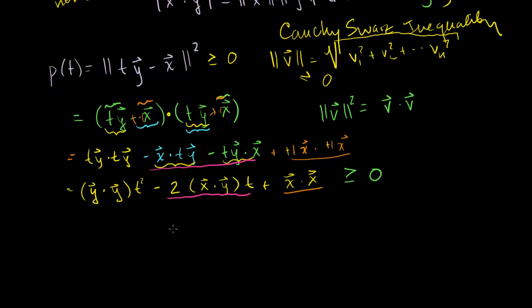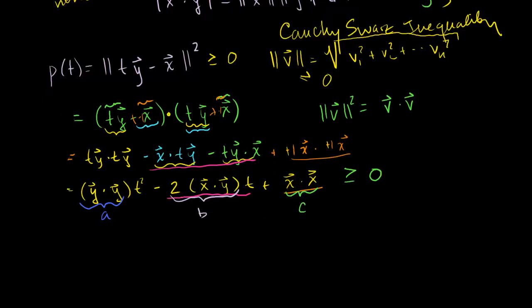Now let's make a little bit of a substitution just to clean up our expression a little bit. And we'll later back substitute into this. Let's define this as a. Let's define this piece right here as b. So the whole thing, minus 2x dot y. We'll leave the t there. And let me define this right here as c, x dot x as c.